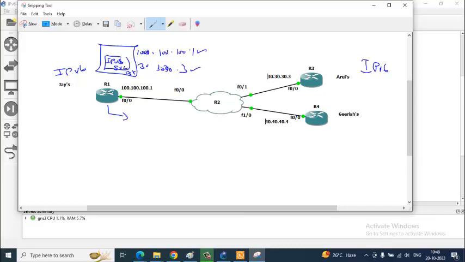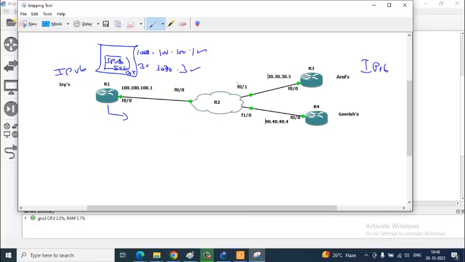Likewise, when Jay's network talks to the IPv6 address of Girish's network, how does R1 know that the destination IPv4 address should be 40.40.40.4? That's a challenge. If we answer this challenge, then this is possible.